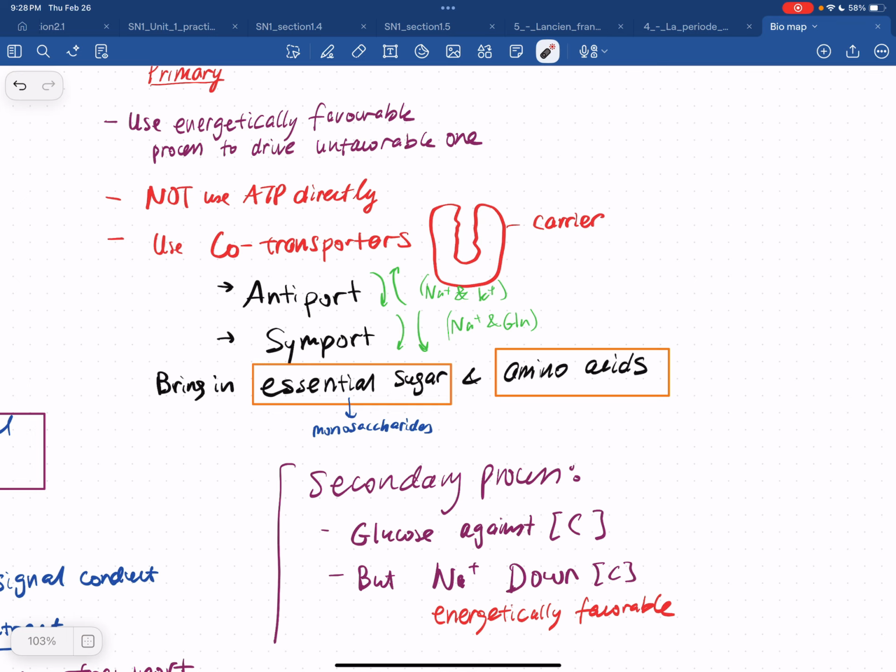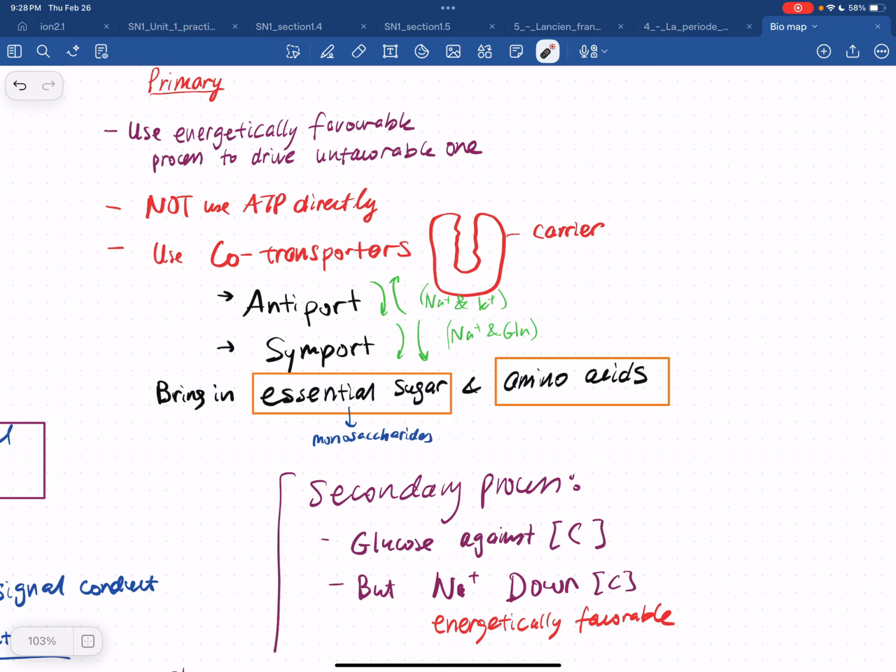And they use co-transporters called carriers: antiport and symport. What is that? Antiport and symport are the forms of secondary transport that move across the cell membrane using energy.